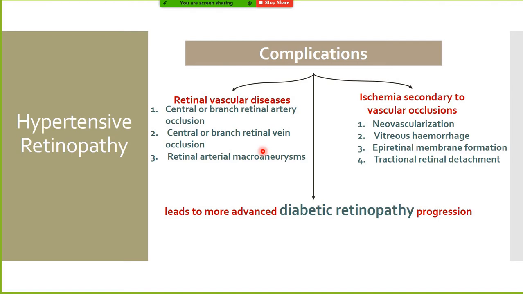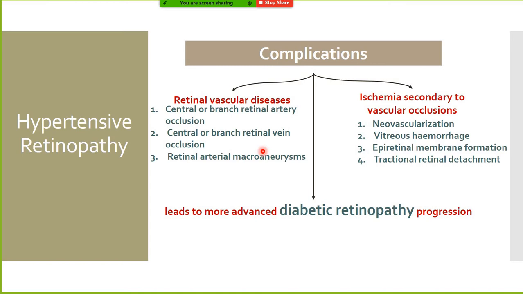Vascular disease directly occurs due to arteriovenous nicking, and then other things occur, like a macroaneurysm, branch retinal artery occlusion, and branch retinal vein occlusion. When it comes to the secondary, when there is a blockage in the blood vessels, there is hypoxia.